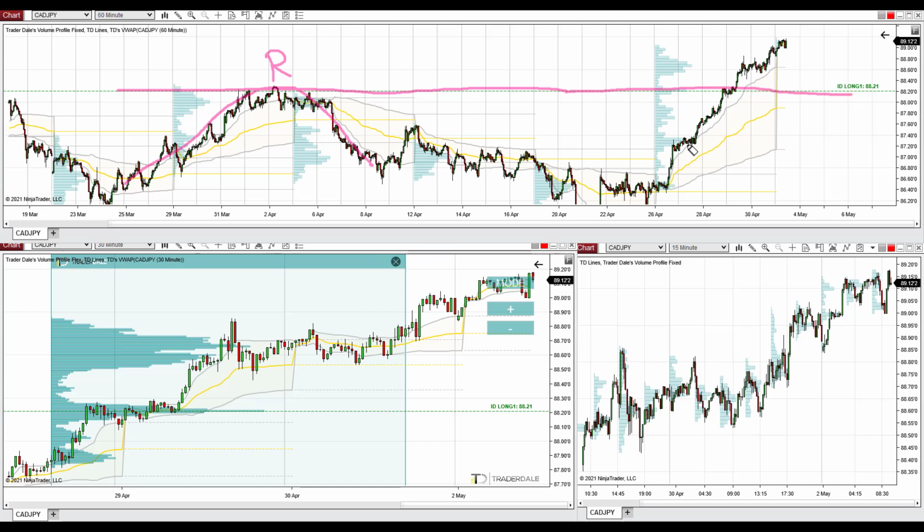Now, on Thursday, the price finally went past it, which means that the resistance turned into a support. Alright, so that's a price action setup, which confirms our volume-based setup based on this volume cluster. So two independent setups point to this trading level, to this support, which is at 88.21.